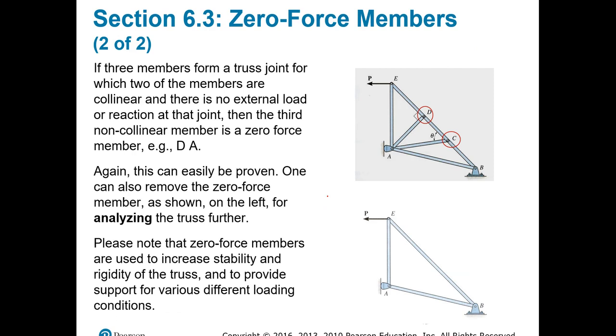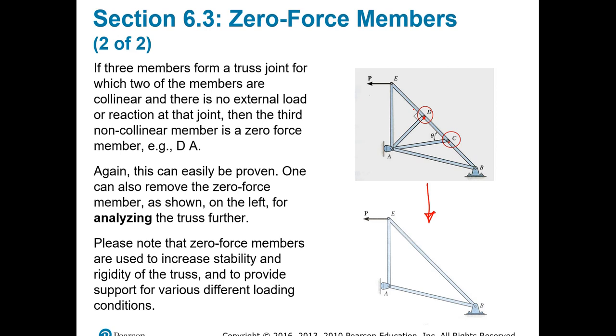So here we have another example on how you can start simplifying your system from here to here. I just don't want to go over the whole reading because it's basically repeating the same thing. If we study pin D or pin C, if you do sum of forces at those pins, you will realize that the forces are equal to 0, and therefore they become zero force members.